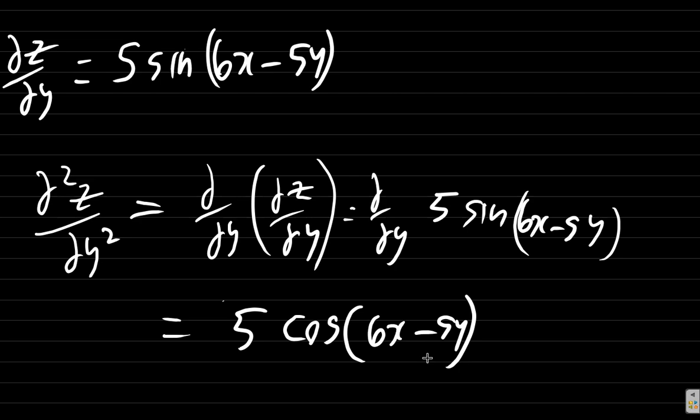So here, when you differentiate, you would have found du by dy. In this case, you differentiate 6x minus 5y with respect to y, and you multiply it, and you get negative 5. See that? So what you have now is a negative in front, and you multiply 5 by 5, you're going to get 25.